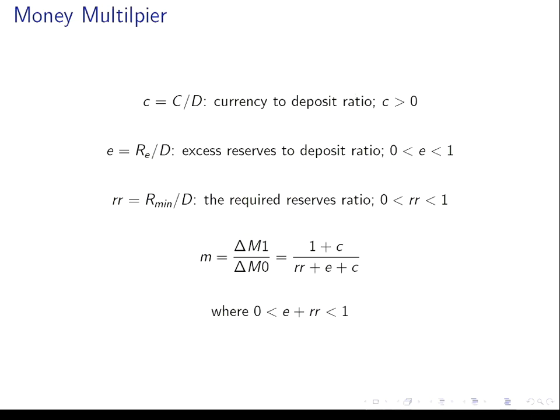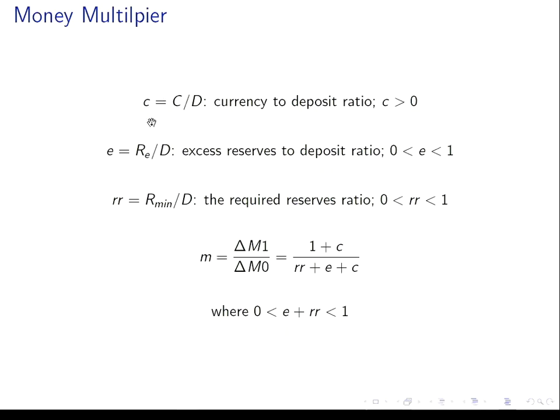Now, let's bring in things that we want to discuss in terms of the real world. We have some people holding cash. We have some banks holding excess reserves. What does the money multiplier look like in that case? So to begin with, let's define small c as the currency to deposit ratio.